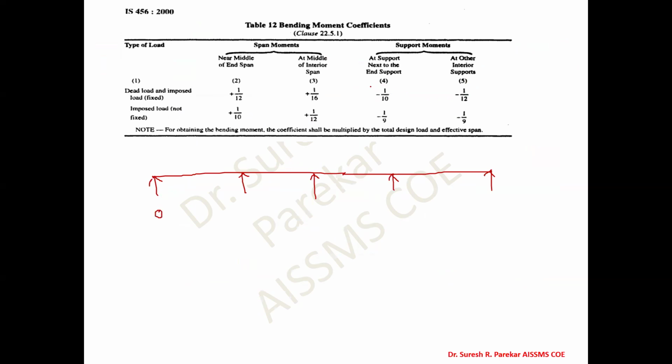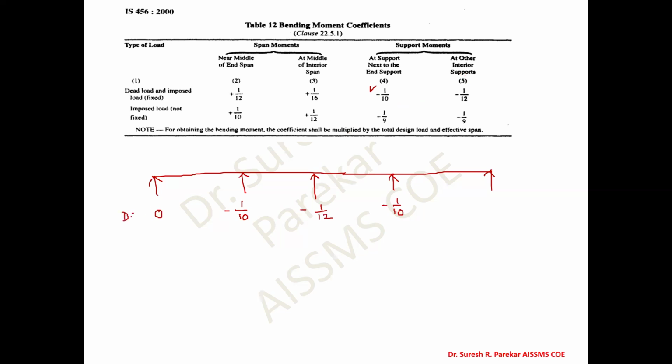First I am plotting of supports. Next to end support, we have 1 by 10. And then at other interior support, that is minus 1 by 10, we have this will be minus 1 by 12. This is again next to end support 1 by 10. And then this is for dead load and for imposed load.